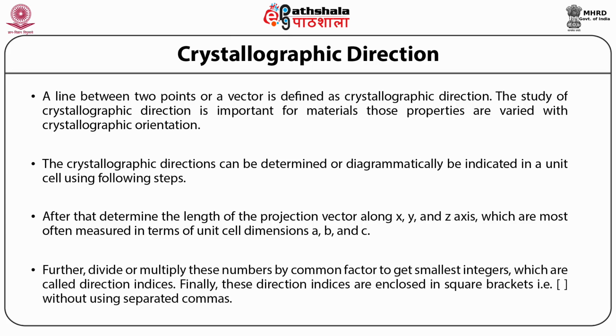Further, divide or multiply these numbers by a common factor to get the smallest integers, which are called direction indices. Finally, these direction indices are enclosed in square brackets without using separating commas.